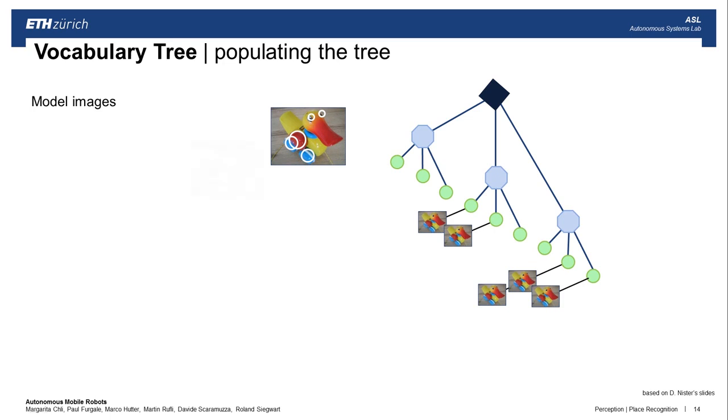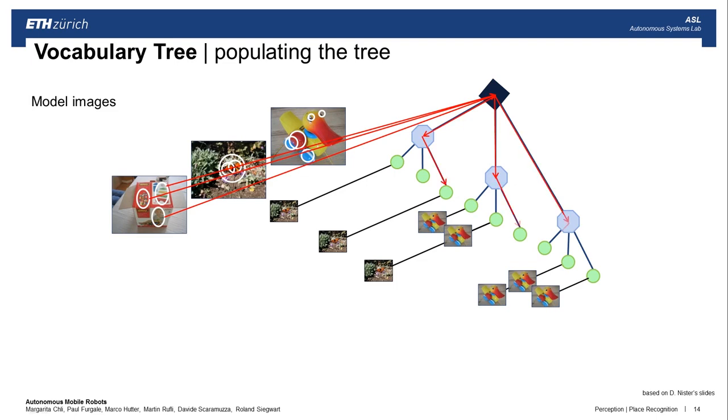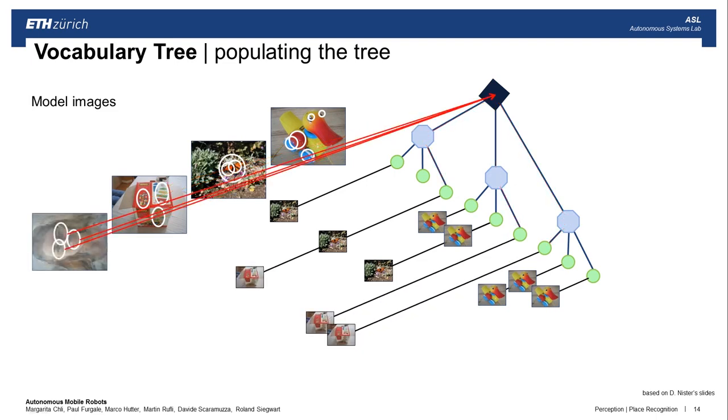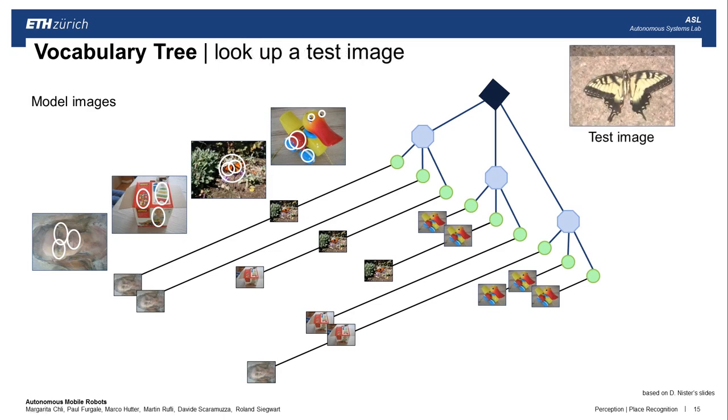We do the same for multiple images. And this is how we populate this vocabulary tree little by little. So all of this is going to make sense when we start looking at what happens at runtime when we have a test image.